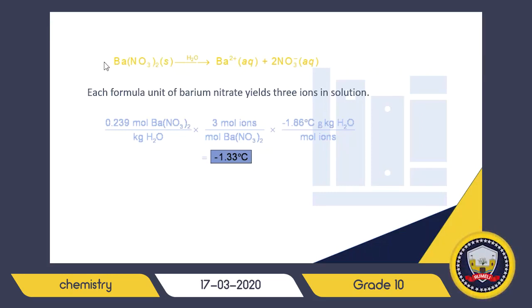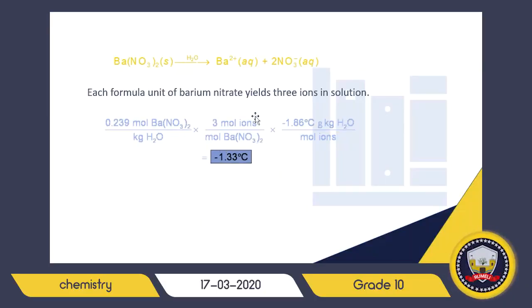For one barium nitrate, we will get 1 mole of barium and 2 moles of nitrate. So the total ions that we will get is equal to 3. Again, according to this balanced chemical equation, 1 barium nitrate will yield 3 moles of ions. So the final answer that we get should be multiplied by 3, guys, and here we have our final answer, which is equal to negative 1.33 degrees Celsius.